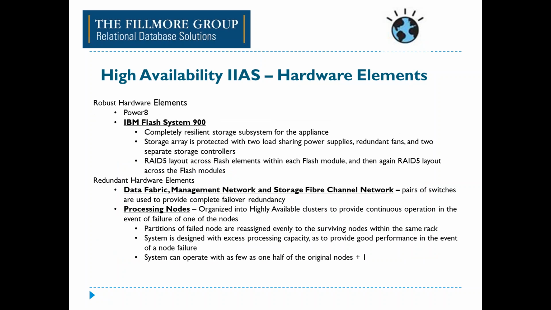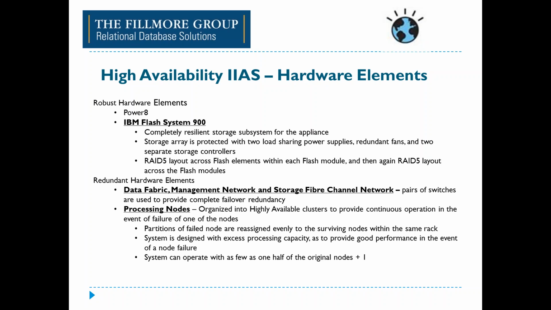I have a couple of slides on high availability. For the IIAS, hopefully all of you are familiar with how reliable the IBM mainframe is, so I'm not going to talk a lot about that. In terms of high availability for the IIAS, everything is redundant: data fabric, network, storage, processing nodes.